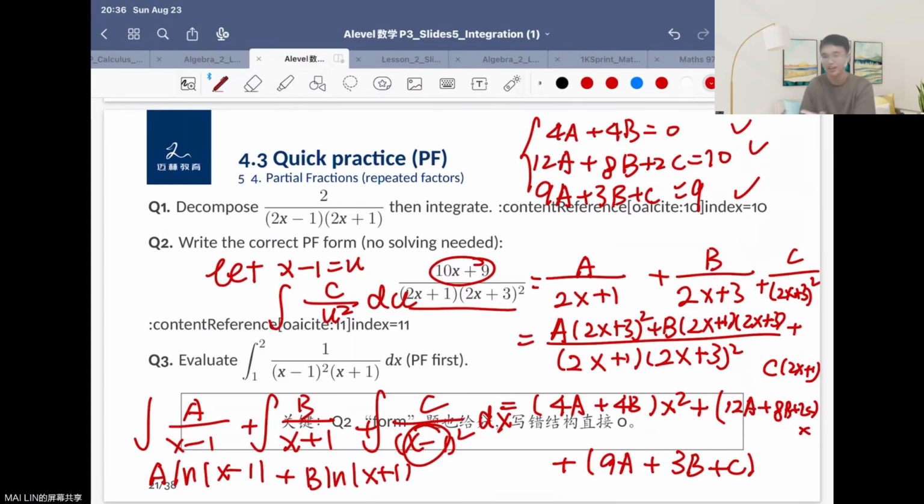Then you can calculate it, because it is C times u to the power of negative 2, so the value is negative C over u. Then put u equals x minus 1 back into it. That's question 3.